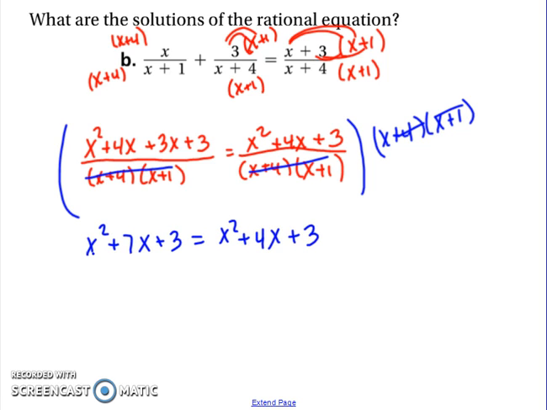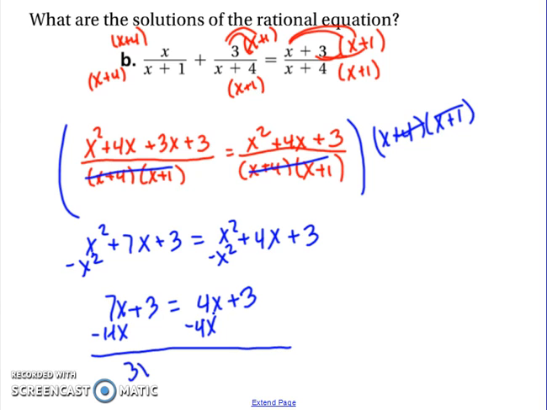And then we're just going to solve this. If you subtract the x squareds, they're going to be gone. So what we have now is just 7x plus 3 equals 4x plus 3. If I subtract the 4x, I'm going to get 3x plus 3 equals 3.